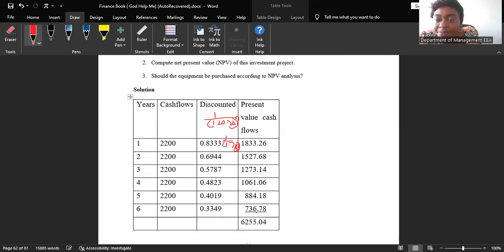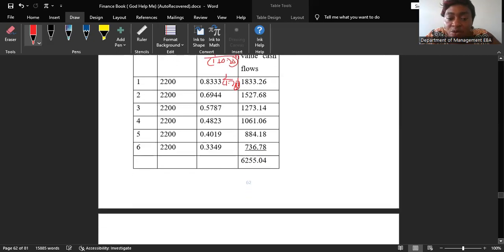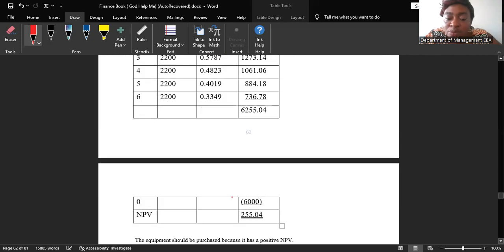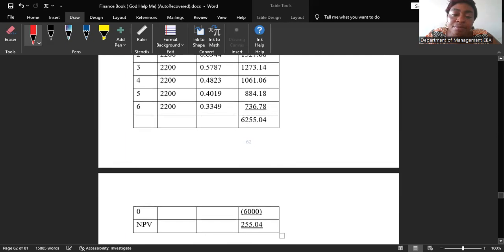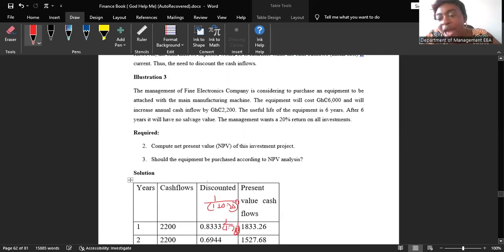After we add all of them, we get the present value of the cash inflows. So after we add all of them, this is what we got. We want to know the net present value, meaning we have to subtract our cash outflow. In the present we spend 6,000.